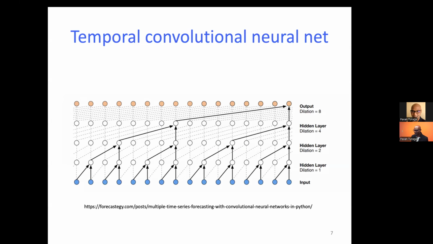If you look at the blue nodes on the bottom, those are your raw time series values, where each circle, in neural nets, we refer to things as nodes and layers and so on. So when I look at the input layer here, this input layer is the raw time series, the 6,000 samples that we are talking about.